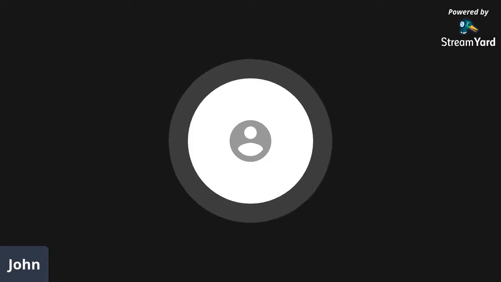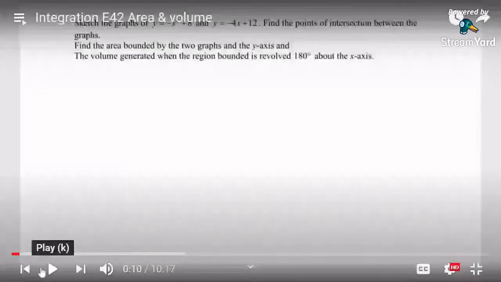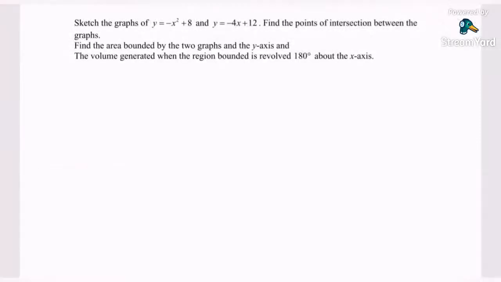So sekarang marilah kita rujuk kepada example 42 dalam buku panjang. So here we have the example for area and volume.